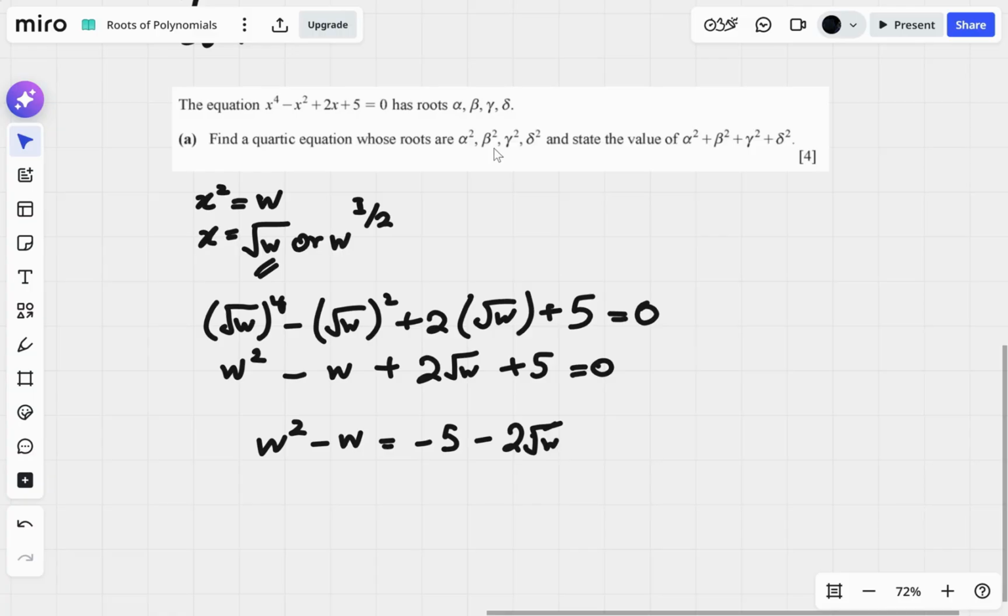Now we can square both sides to get rid of the square root. Square this side and square the other side as well. So we are going to do this quickly.